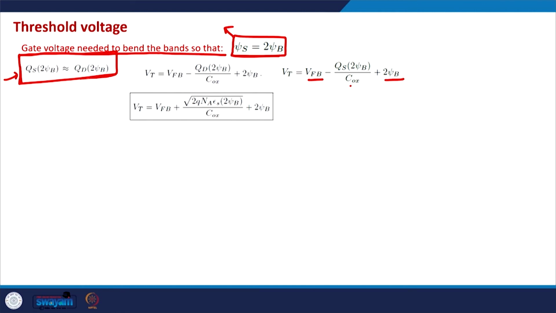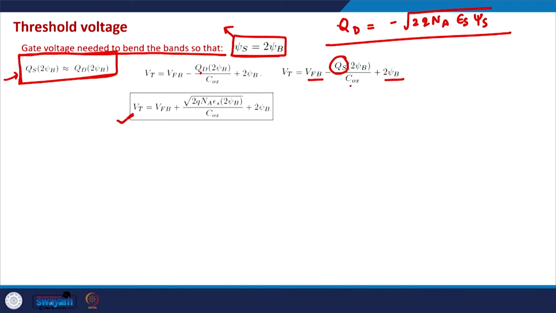The inversion charge is still not so significant. So this Qs can be replaced by Qd, and Qd is related to psi s. If you recall, Qd is minus square root of 2 q NA epsilon s psi s. In this expression we need to replace psi s by 2 psi b. That way we will find the expression for the threshold voltage.